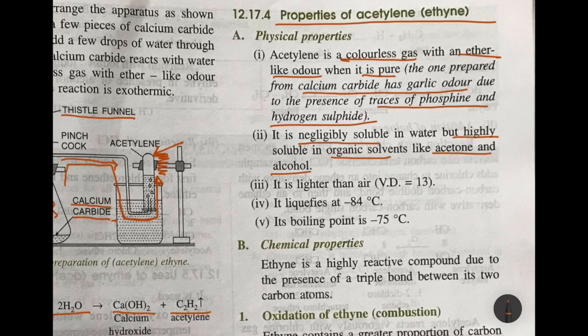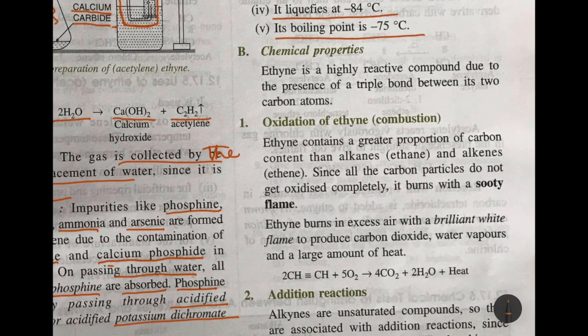Please remember the organic solvents in which acetylene dissolves, because it will be important in section 1 of the question paper. It is lighter than air. It liquefies at minus 84 degrees Celsius and its boiling point is minus 75 degrees Celsius.